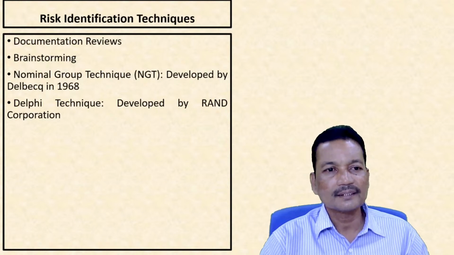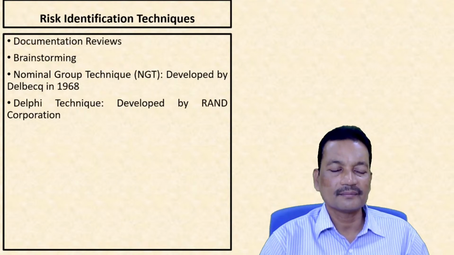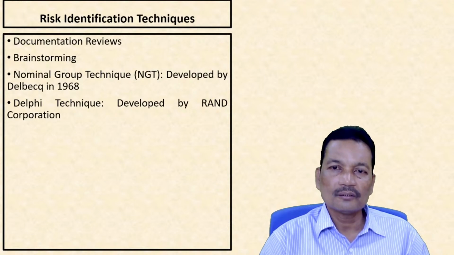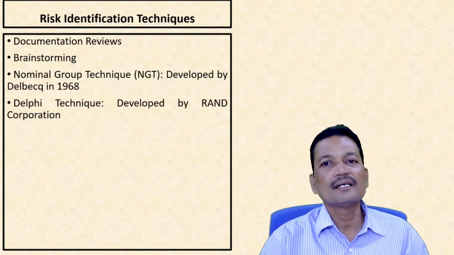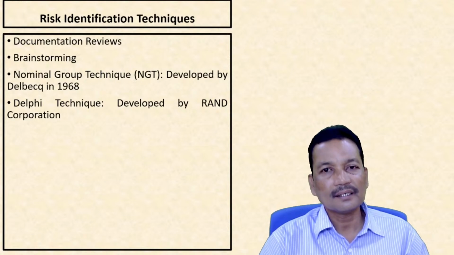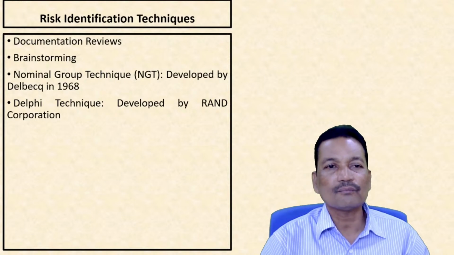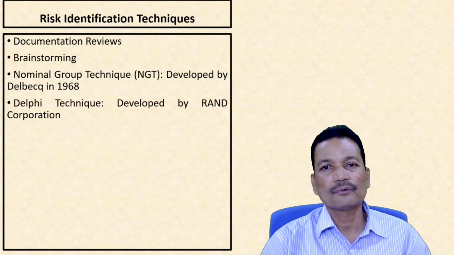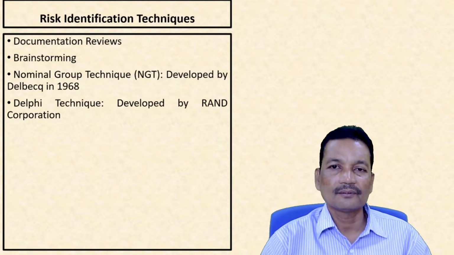Third is nominal group technique. Here a few experts are called and they are given a particular task of identifying the risk by use of a scale.